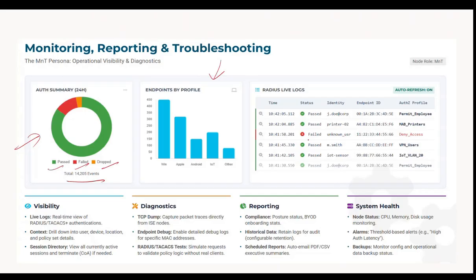You can see the endpoints by profile. You can see the RADIUS live log. This is just one example. You can do much more than what you see on the slide. But monitoring, reporting, troubleshooting is a very important capability of ICE. So it provides visibility, diagnostics, reporting, and system health information.